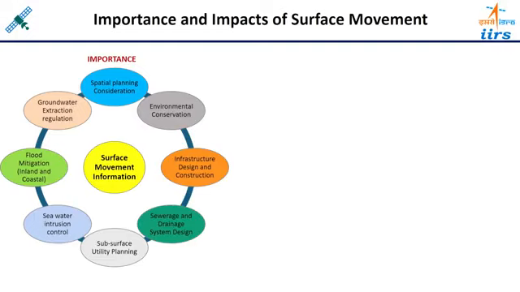For example, I can give one example of the Punjab state in India. Punjab has very fertile land that is very suitable for agricultural activities. So people are using a huge amount of groundwater for irrigation.